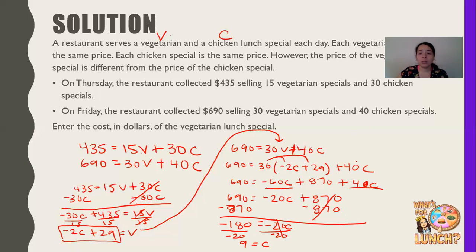And something I want you guys to tell me is what that information stands for. Even if the whole process might be extremely confusing, I do want you to tell me what this information means. So give me a second to finish off this problem. I know what C is, so I'm going to put it in like that. 15V, that's 270. I'm going to subtract each side by 270 because I'm trying to get V by itself.